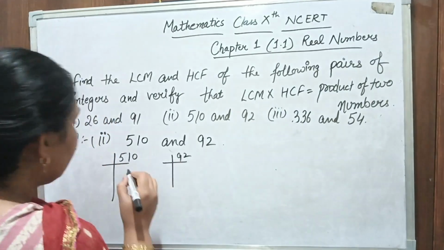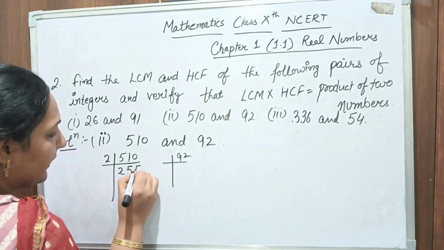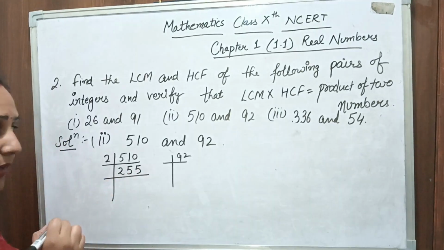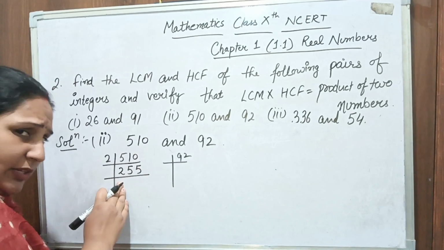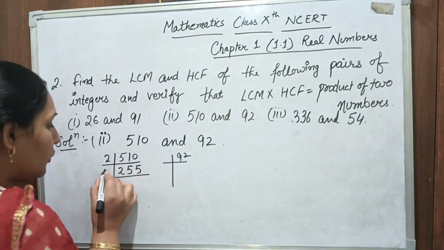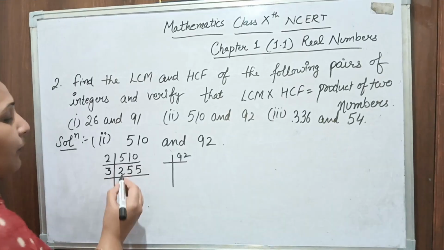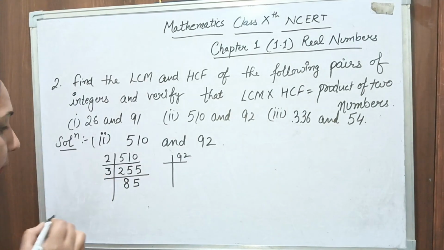510 will be divisible by 2. 2 twos are 4, 2 fives are 10, 2 fives are 10. Now 5 plus 5 is 10, 10 plus 2 is 12. 12 is divisible by 3, so now it will go on 3. 3 eights are 24, 3 fives are 15.